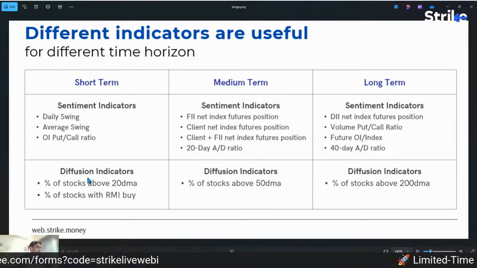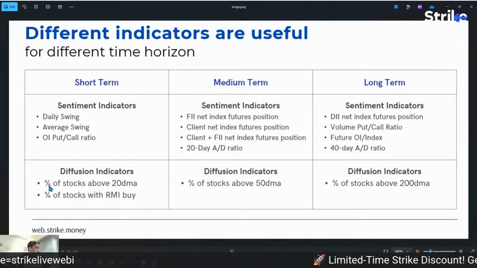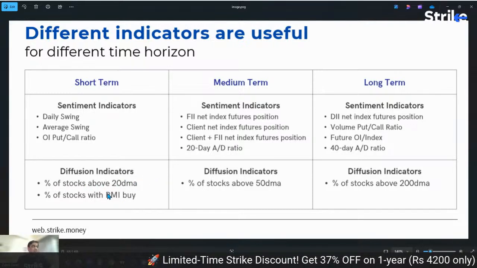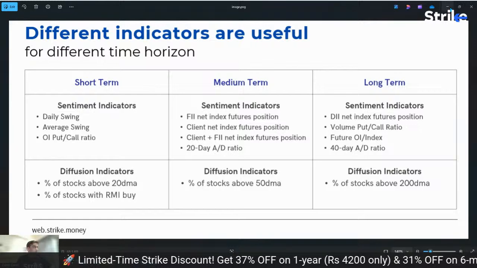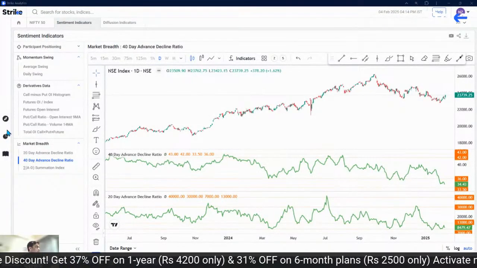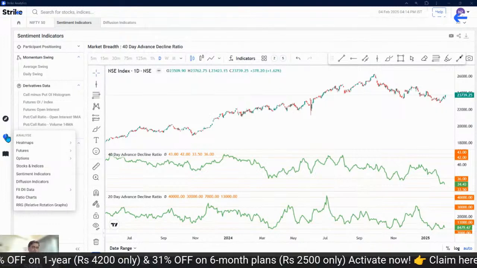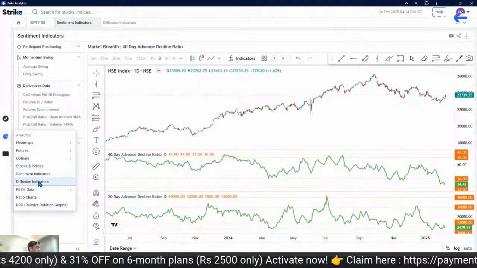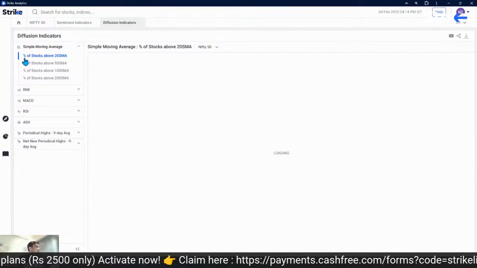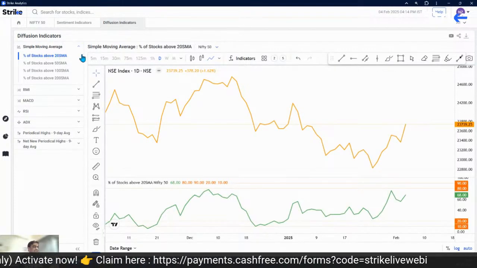All right, so first looking at the diffusion indicators, percentage of stocks above 20 EMA or 20 DMA. We can go to this analyze section over here, diffusion indicators, and you will find this. So simple moving average, percentage of stocks above 20 SMA.